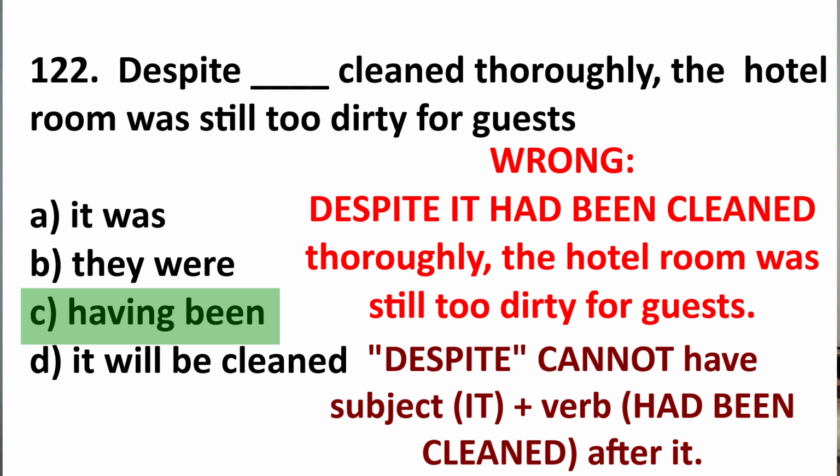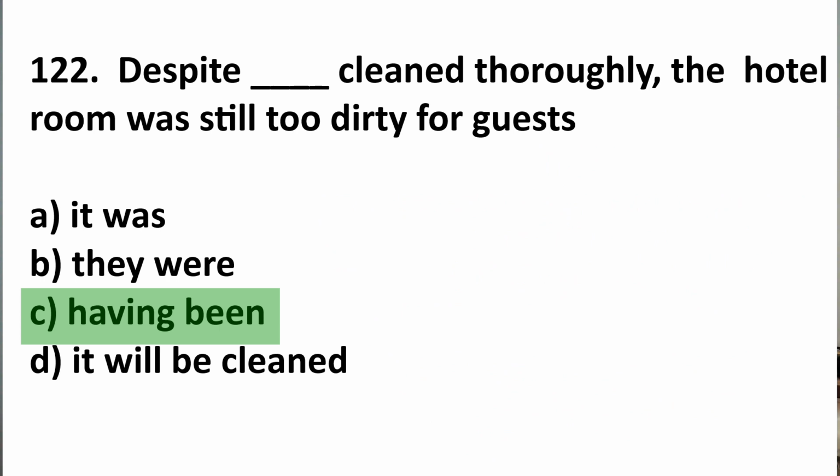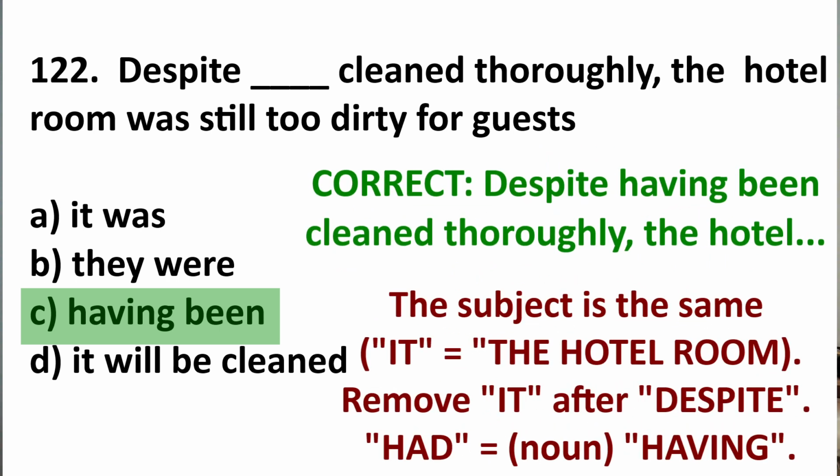So, how do we solve this? Well, you can remove it because the subject is the same in both clauses. It had been cleaned is the hotel room. And then in the next clause, the hotel room was. So in both sentences, we have hotel room. One is it, but we can take it out.